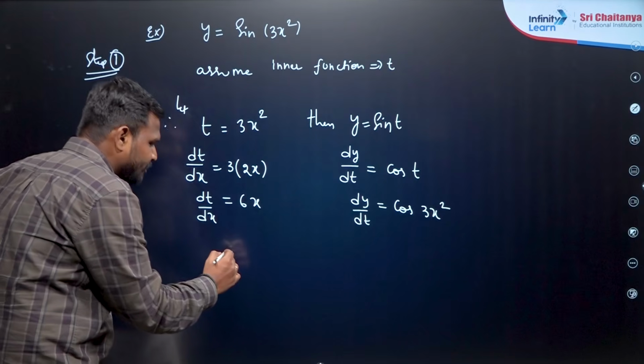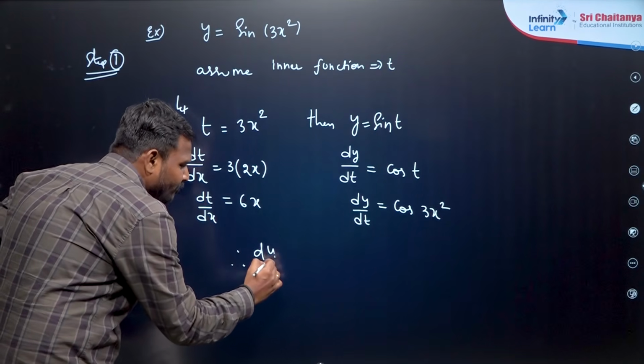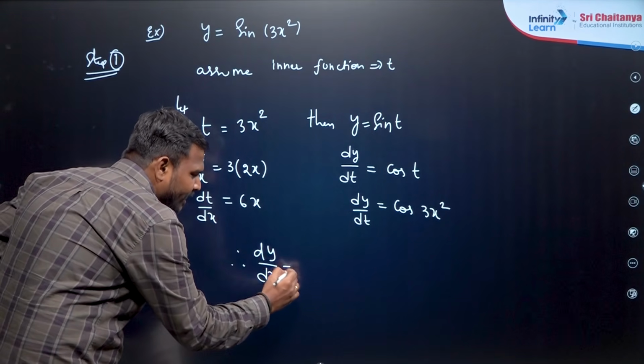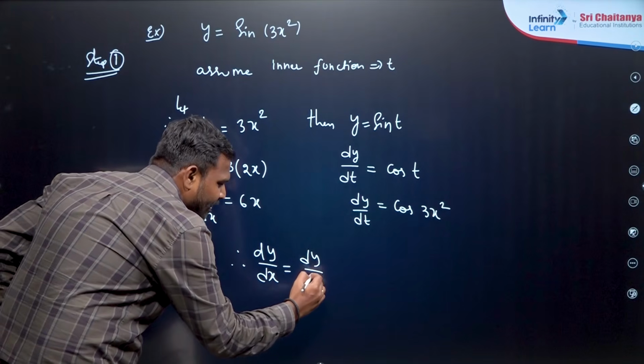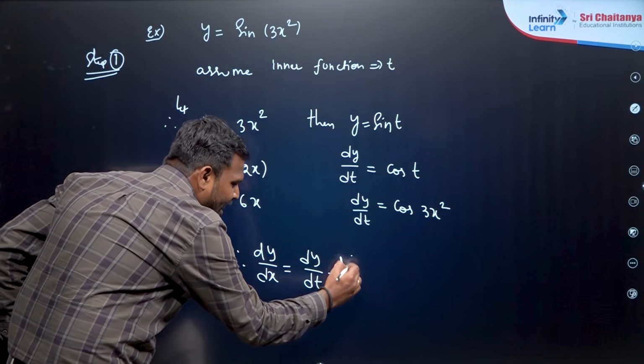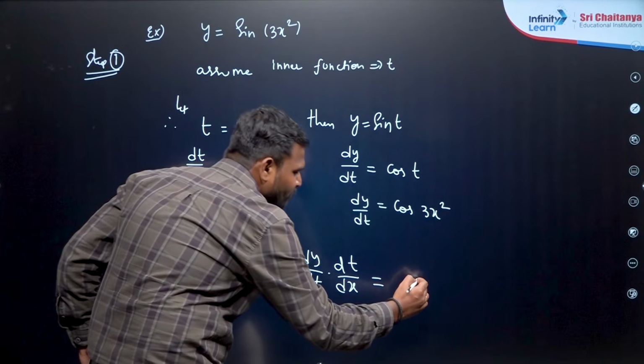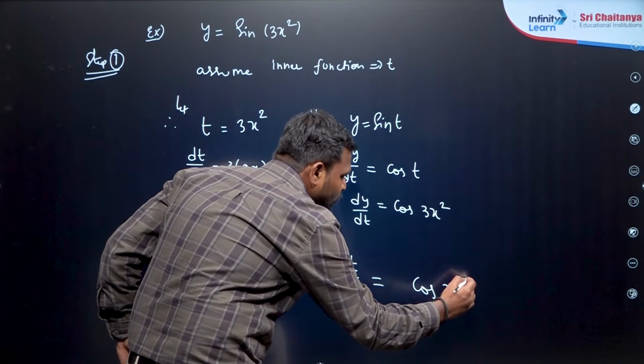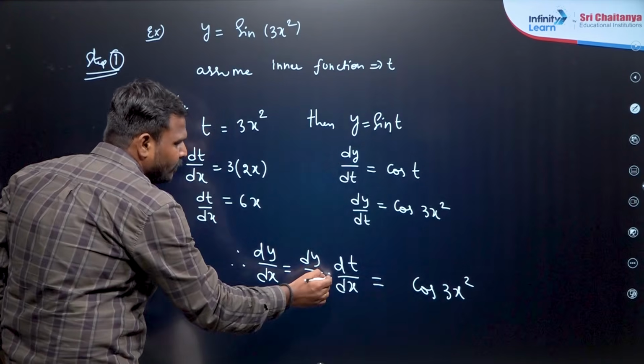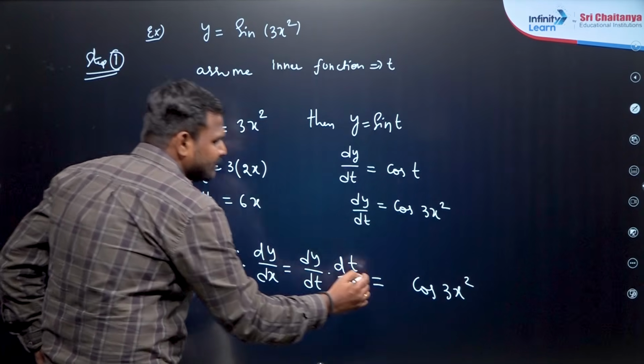Now with the help of chain rule, dy by dx, instead of writing directly, I will write dy by dt and I will write dt by dx, which is nothing but cos 3x square, which is dy by dt, into dt by dx, which is 6x.